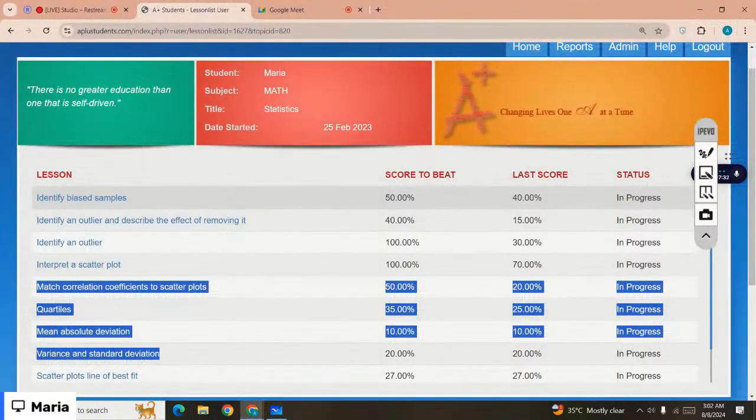So the chapter we're on right now is statistics. Let's just start with the lesson that is match correlation coefficients to scatter plots.